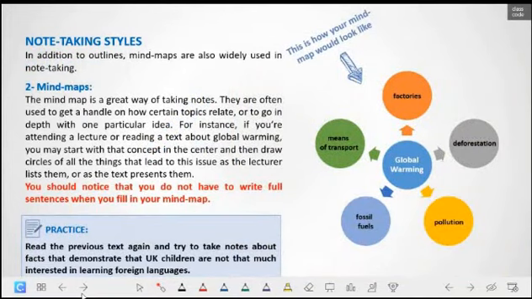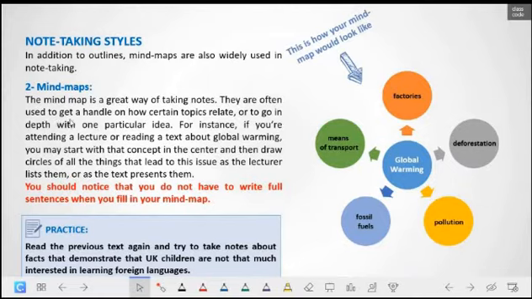Okay. Now, there is another style for note taking. The other style is called mind map. It's very similar, but it is different in terms of how it looks. In addition to outlines, mind maps are also widely used in note taking. The mind map is a great way of taking notes.